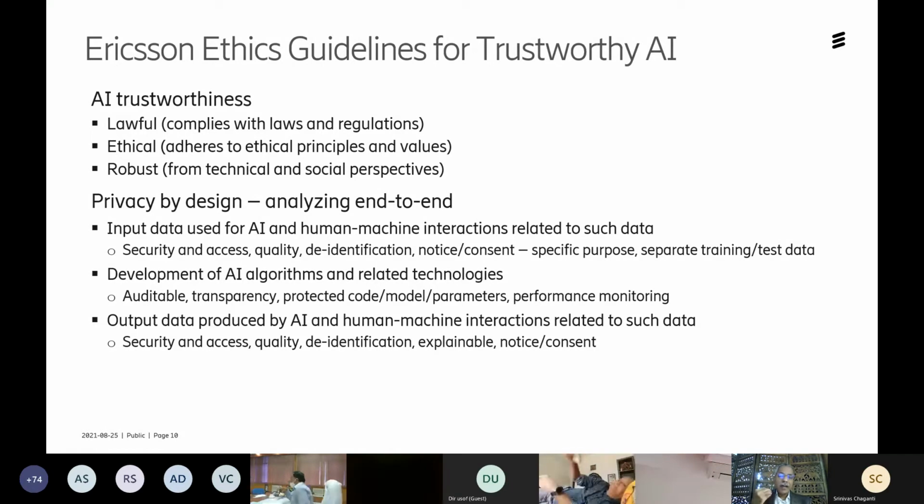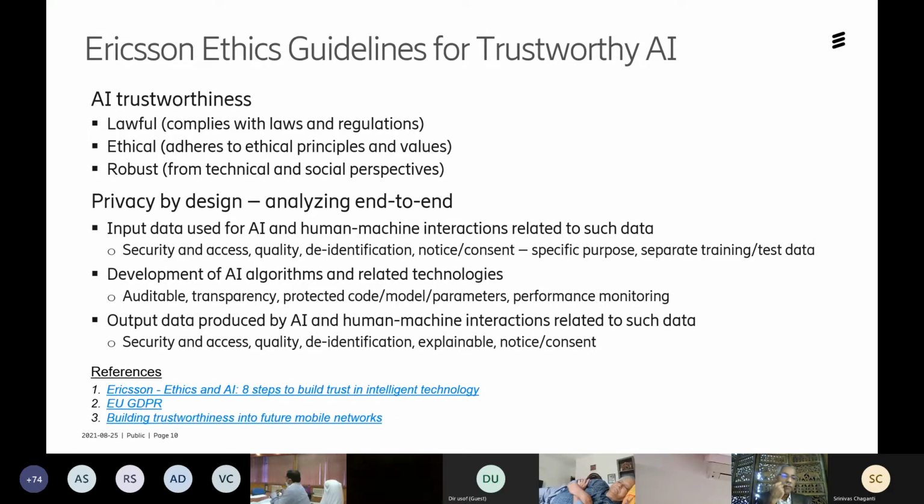And if actions are being proposed, how do you explain them? And if steps are being proposed, getting consent from the impacted party about that action. So all of these are extremely important considerations. And for reference, I have included some Ericsson as well as some public documents here.